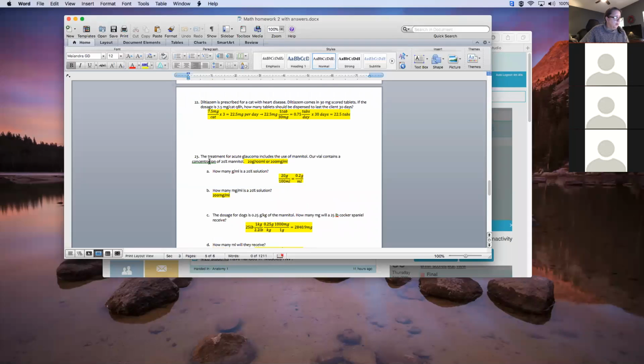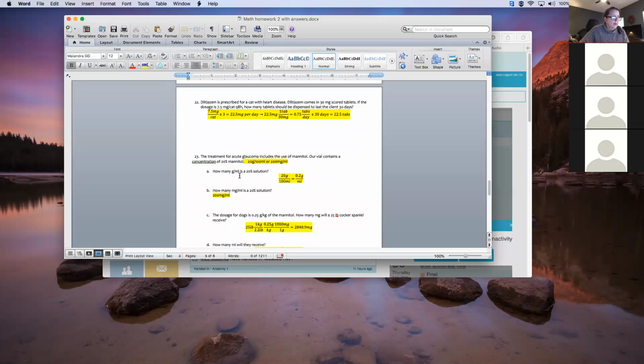There's a straight up problem. If we have acute glaucoma, our vial is 20% mannitol. 20% mannitol automatically equals 20 grams per 100 mils, or 200 mgs per mil, because I add a 0 and that gives me mgs per mil. So a 20% solution is automatically 200 mgs per mil.